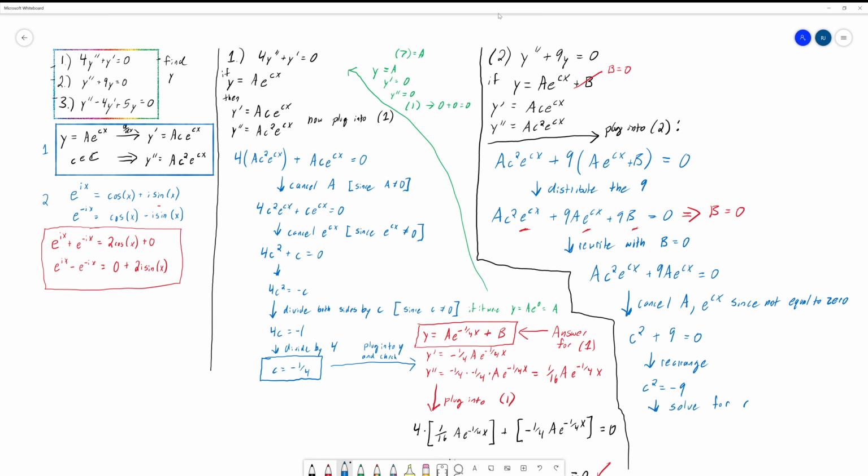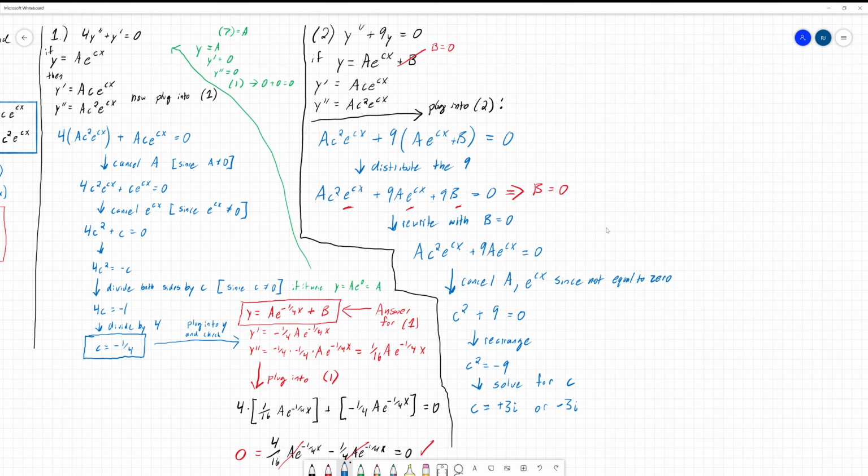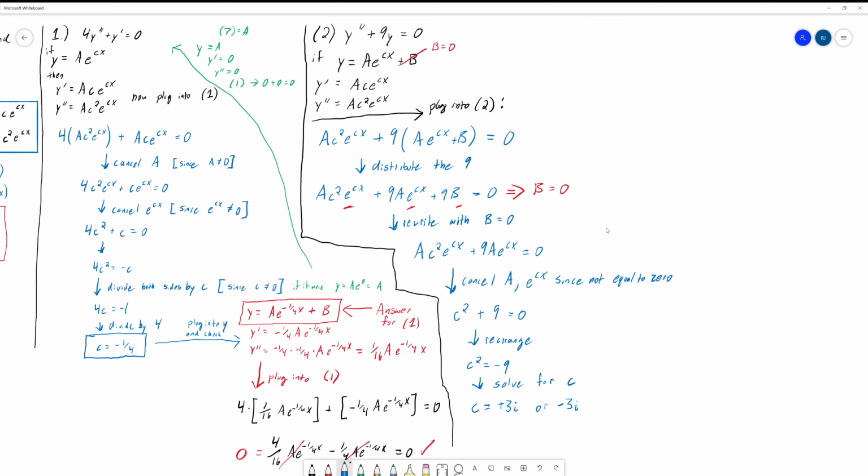That means take the square root on both sides. And so we can see actually that c is going to be a complex number. It's going to either be plus 3i or it's going to be minus 3i. So that's our value for c.